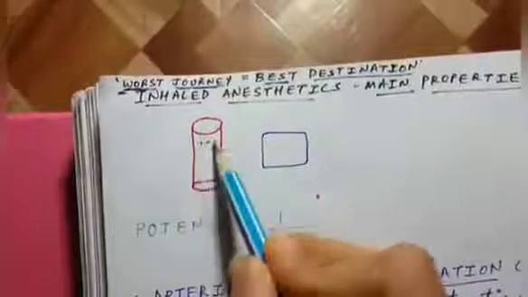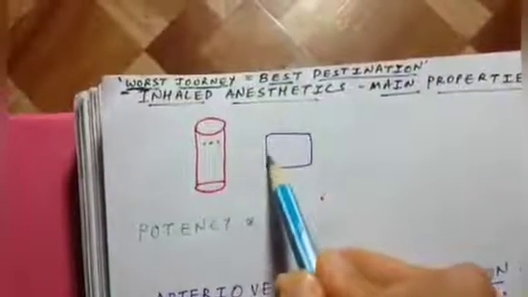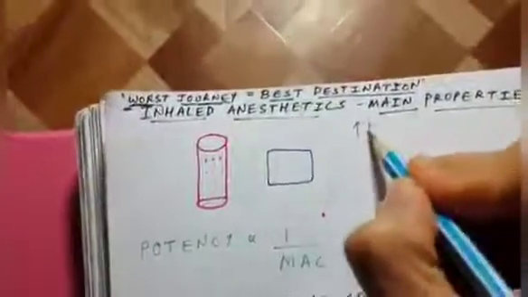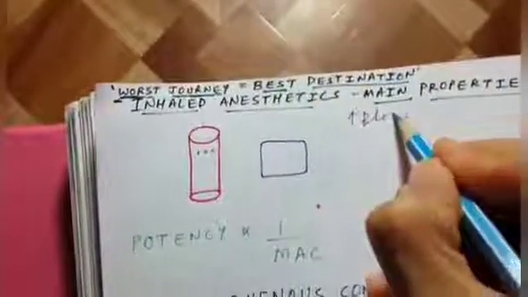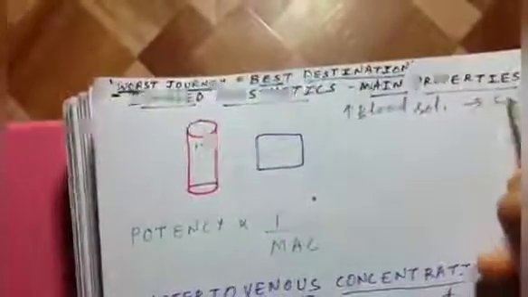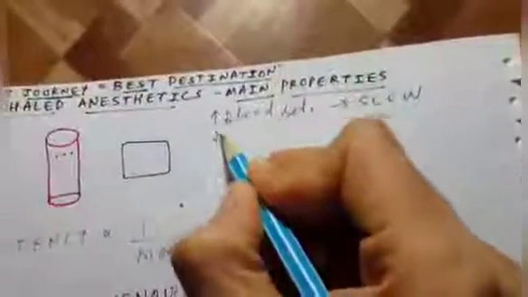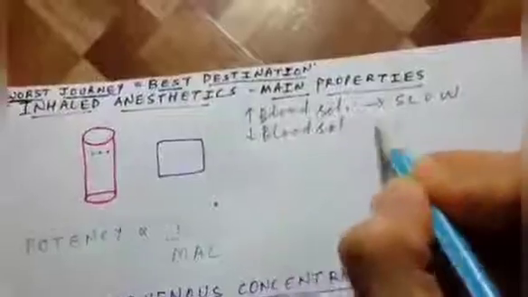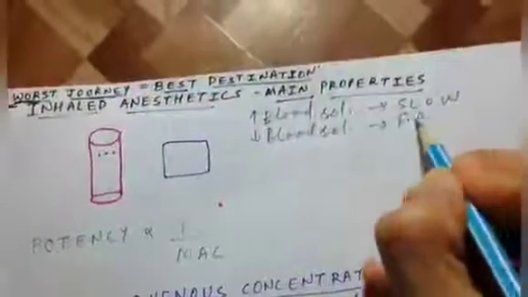It will leave the blood vessel and the onset of action will be fast. So if there is increased blood solubility, the onset of action will be slow, and if there is decreased blood solubility, the onset of action will be fast.